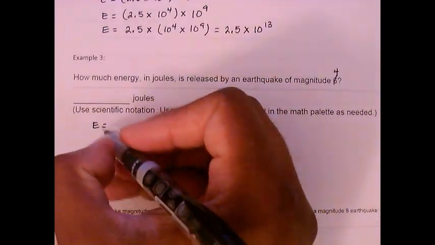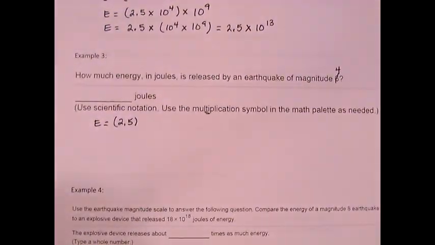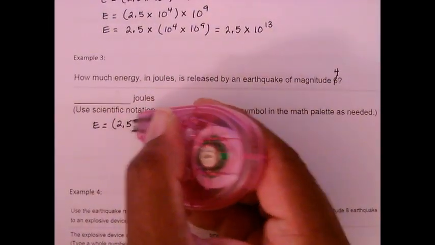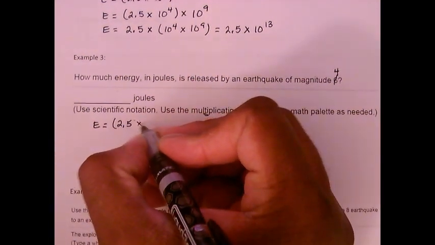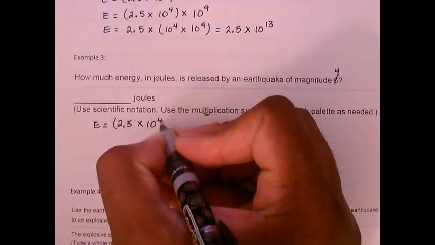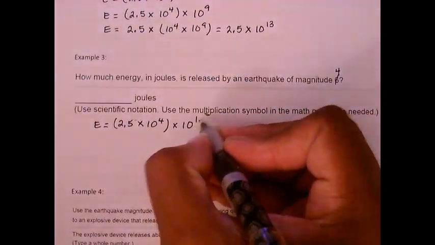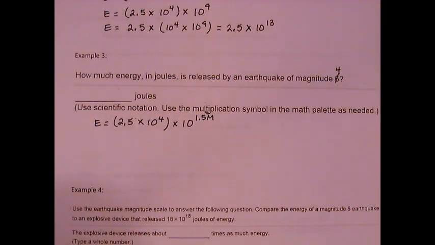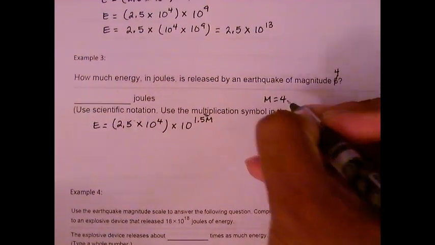E is equal to 2.5 times 10 to the fourth times 10 raised to the 1.5 times m. In this case, we just substitute m with 4.